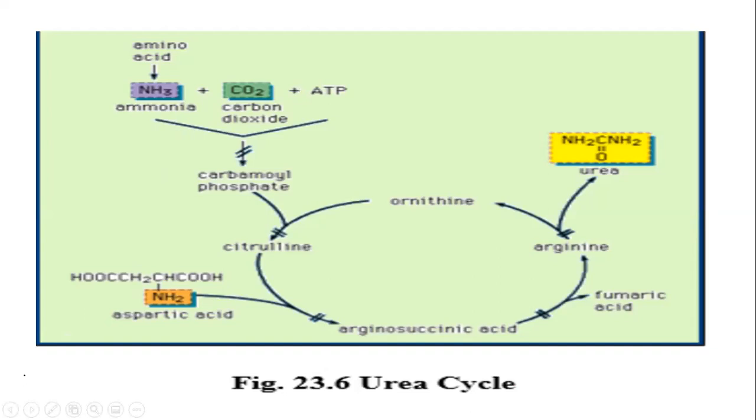Here ammonia combines with carbon dioxide derived from a decarboxylation reaction to form carbamoyl phosphate in the presence of biotin and N-acetyl glutamate and two molecules of ATP. Biotin activates carbon dioxide and N-acetyl glutamate acts as a cofactor for the enzyme carbamoyl phosphate synthetase 1.